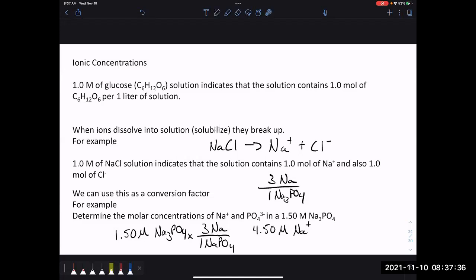And you'll know that this is going to happen because this is an ionic compound. Just as a refresher, it's a metal plus a non-metal, and that non-metal can be a polyatomic ion, or it could be a single non-metal atom.